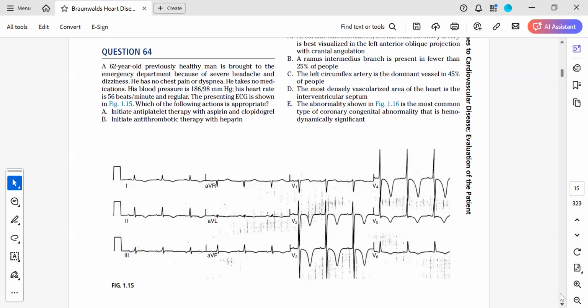But they said the patient has no chest pain, no dyspnea. It seems like the patient has a clean cardiovascular system examination, except for the elevated blood pressure. And then the patient has some central nervous system symptoms like headache and dizziness.